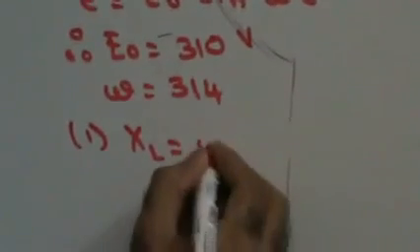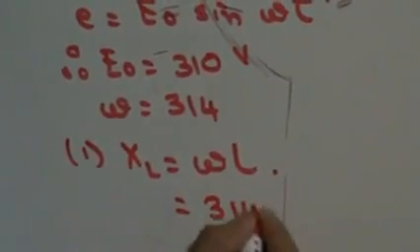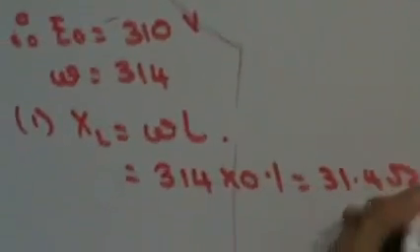Now once I know omega, first thing I can find out is inductive reactance, which is nothing but omega L. I know omega, I know L. So this is going to be 314 into 0.1, that is 31.4 ohms.